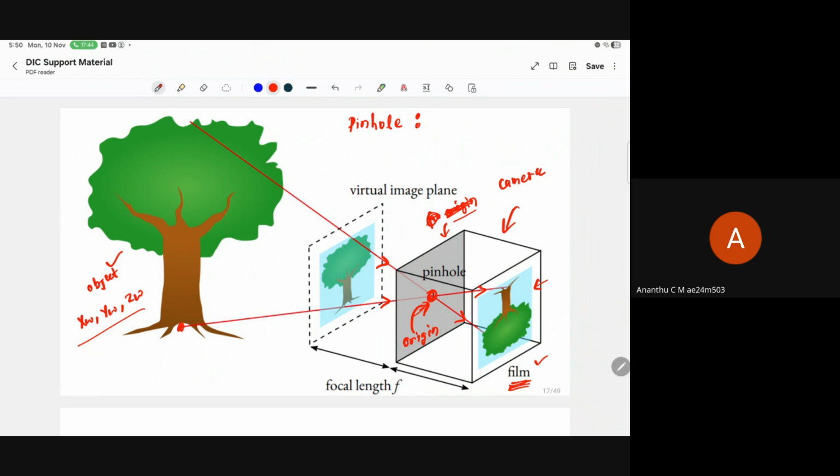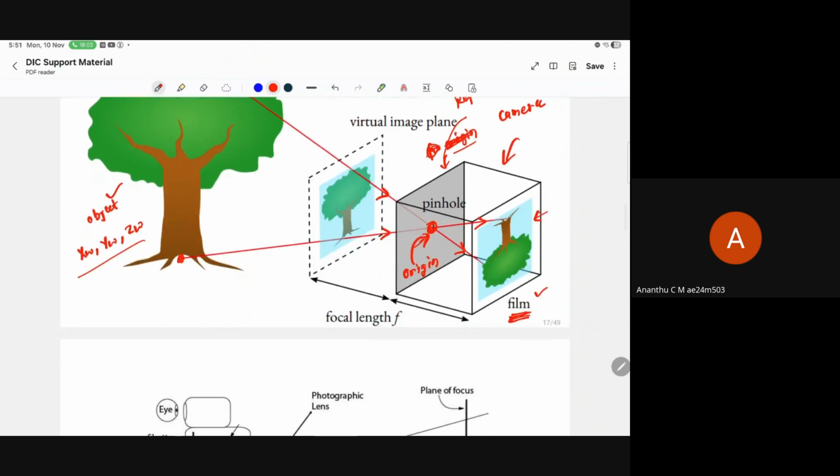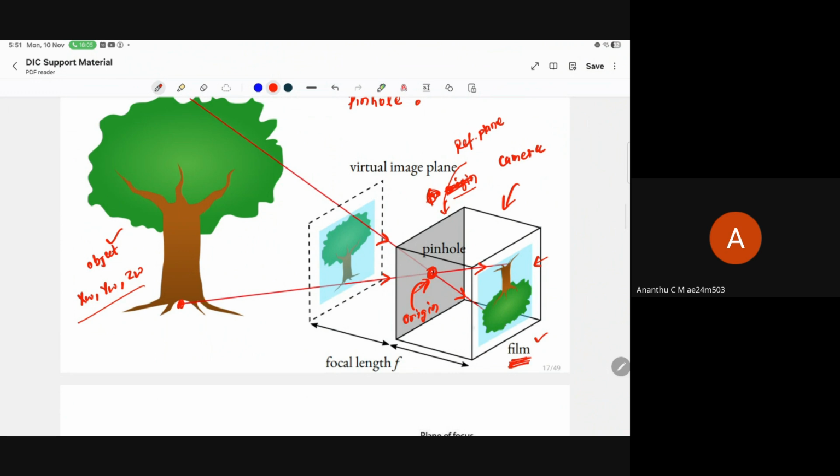And the image is forming on this film, which is basically at the back side of the pinhole, the back side of the camera. So you can call this the front, and this the back side.